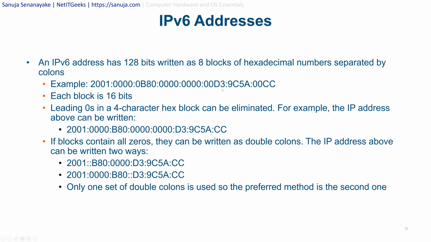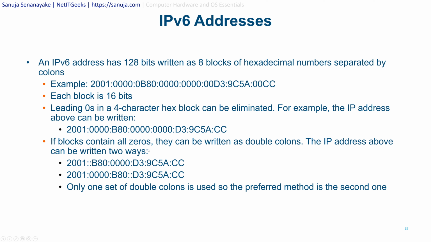Instead of 00D3, we can enter D3, because those zeros have no value change to that 128-bit value. 0B80 in 128-bit format is the same as B80. Again, I'm not going to go into detail about how the math works here, but you should know this as a broad overview for your A+ certification exams.